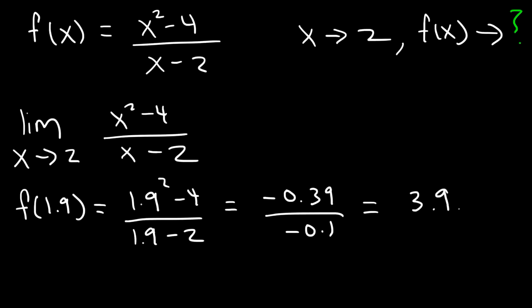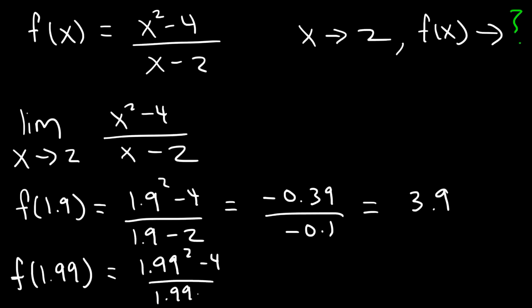Now what if we plug in a number that's even closer to 2? So let's say 1.99. What's going to happen? Well, let's see what we're going to get. So 1.99 squared minus 4, that's negative 0.0399.